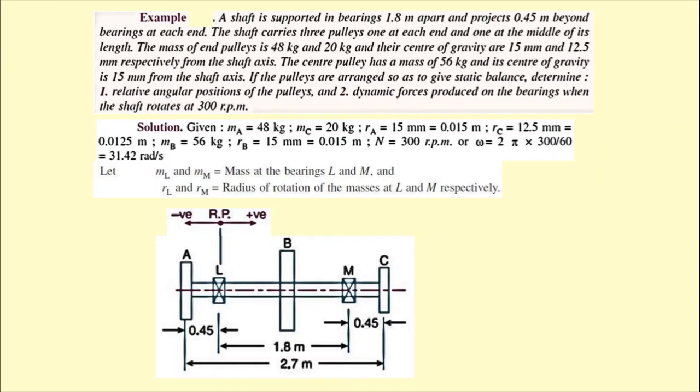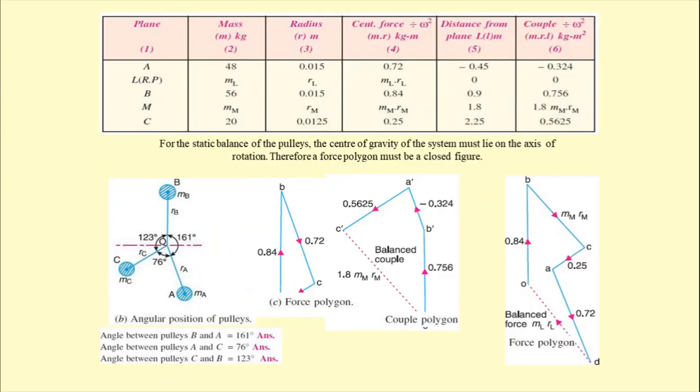Now almost all the data are given, so we have to convert each millimeter value into meter, and find the omega value from the rpm. Let us consider that ML and MM are the masses at the bearings L and M, and RL and RM are the radii of rotation of the masses L and M respectively. Now we take the plane of L as the reference plane, for which the left hand side is negative and the right hand side is positive.